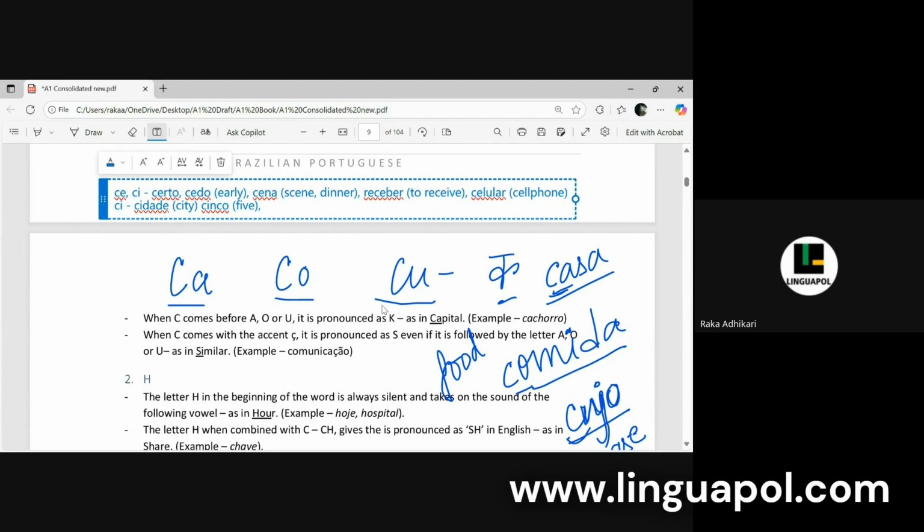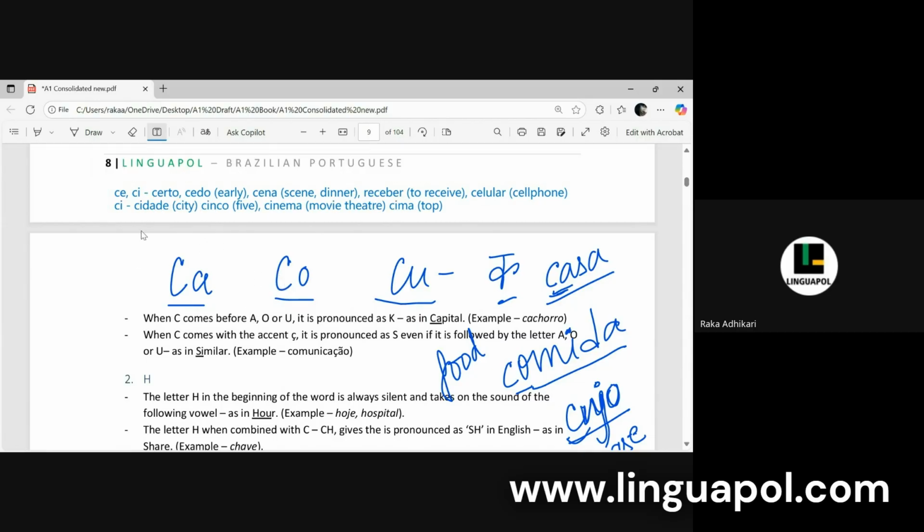Then let's say cinema. Cinema is mostly the movie theater. It's not film, it is movie theater, cinema. Then cima. Cima means top. So there are a lot of examples like this where, with the combination of CE or CI, the sound is S. Now let's look at the combination of CA, CO or CU.